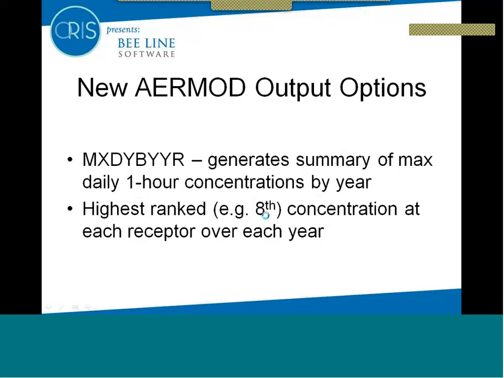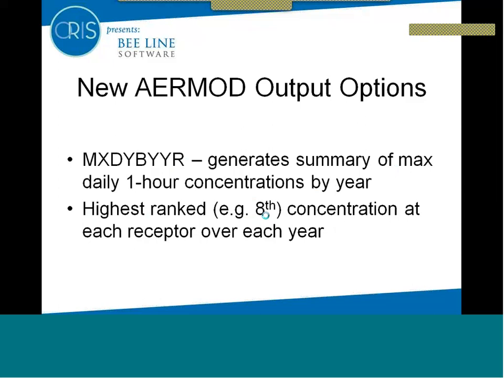And then the last keyword that we have with the new AERMOD is MAAQS Day by Year. It's going to create a summary of the maximum daily 1-hour concentrations by year. And what it gives you is the highest rank.